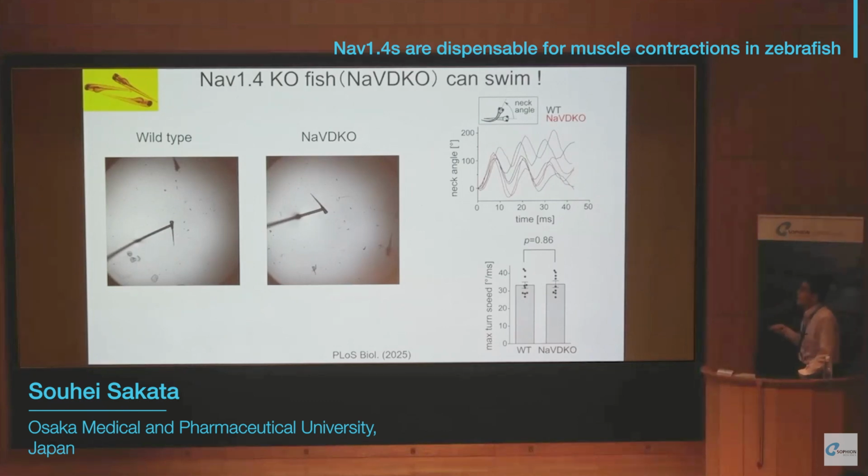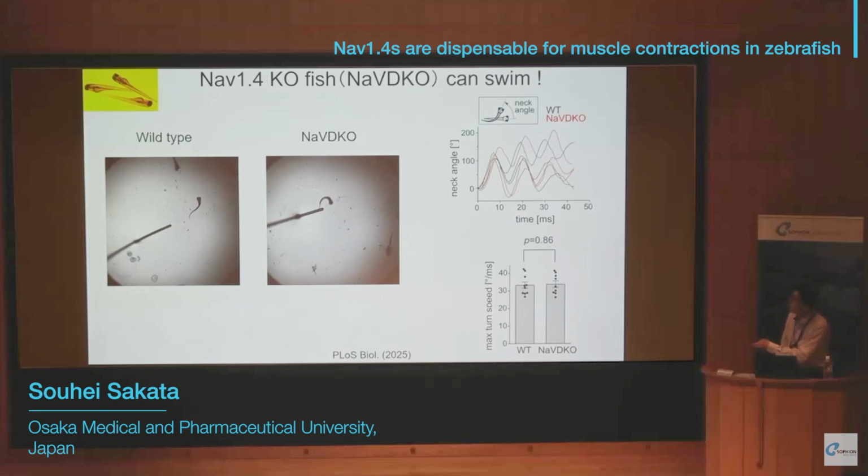First, we estimated the swimming capability of zebrafish. Here is a zebrafish larva. We tap the zebrafish to surprise it, and it escaped like this. How about the knockout fish?